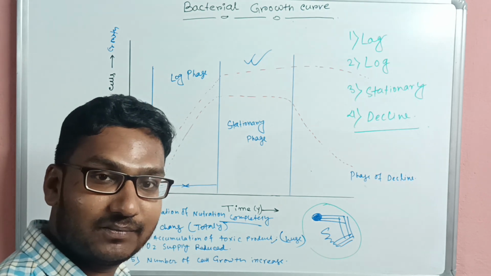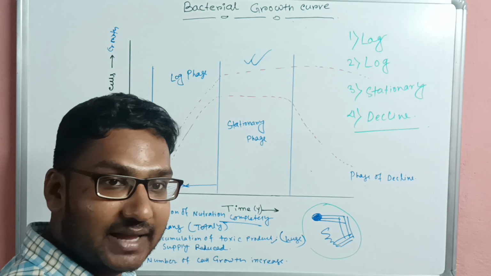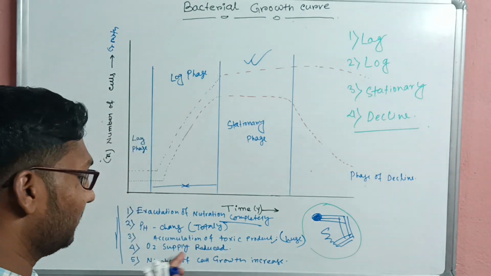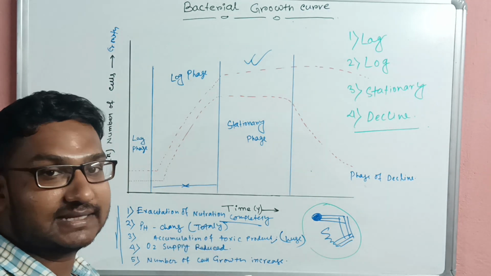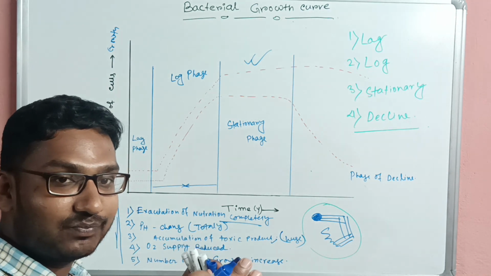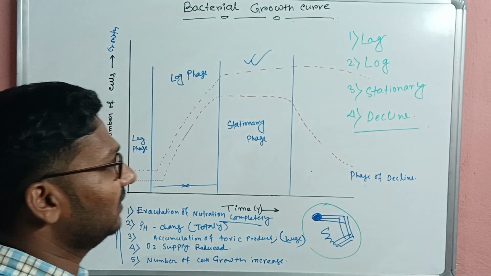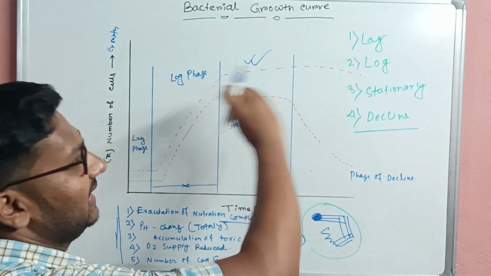After that, exhaustion of nutrition, pH change, accumulation of toxic product, O2 supply reduced, number of cells increased. At that time growth is very limited, that's why we see a steady curve.